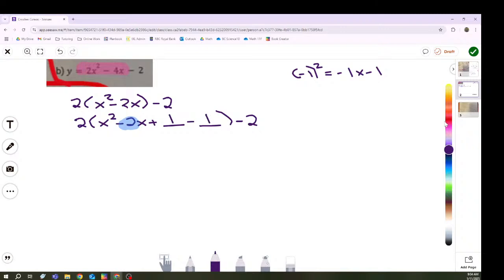Now, what we would do is we're going to pull that to the outside. To pull this to the outside, on the previous question, I was just able to write minus 1. But I can't just do that this time because there's something that sits out front of this bracket that, according to the distributive property, would have had to multiply to everything inside the bracket.